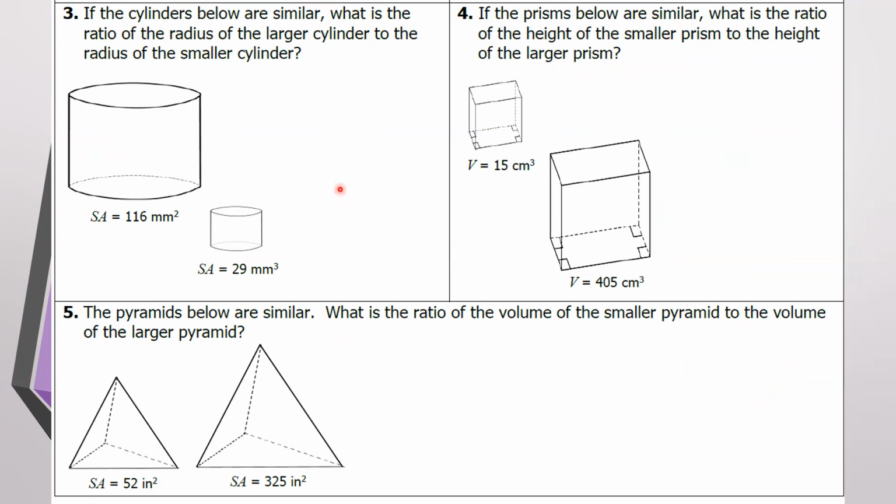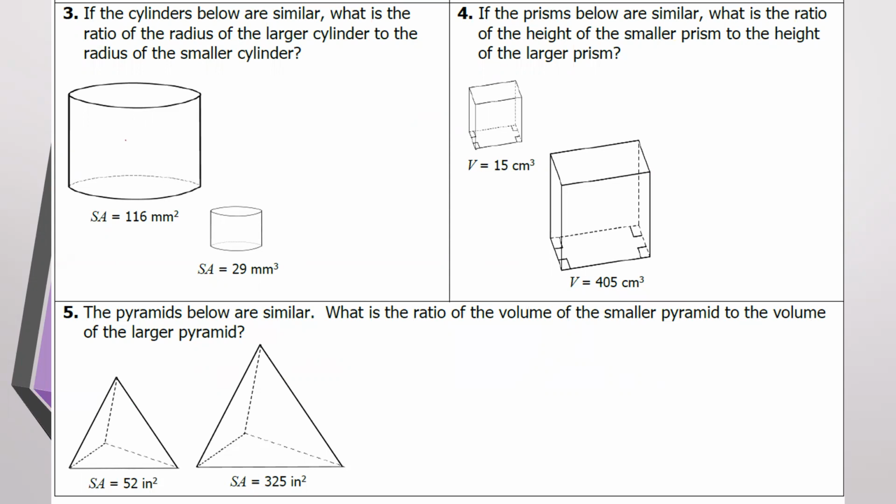Okay. In numbers 3, 4, and 5, they are going to give us either the surface area or the volume, and we need to use that to find some other piece of information. So in number 3, the cylinders are similar. What is the ratio of the radius of the larger cylinder to the smaller cylinder?